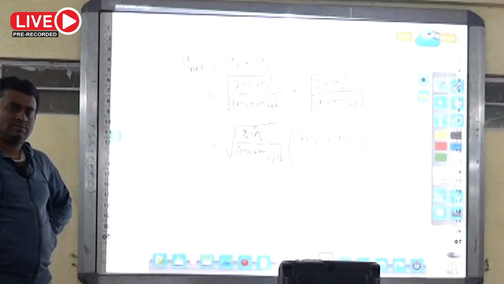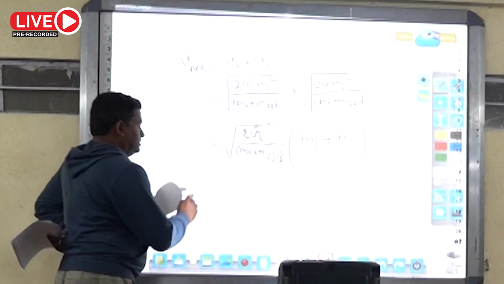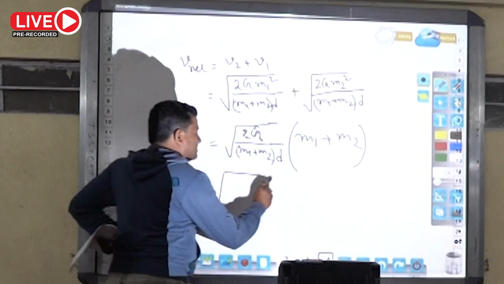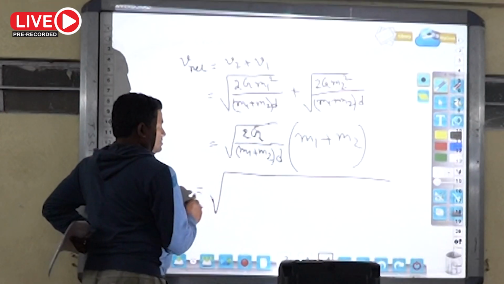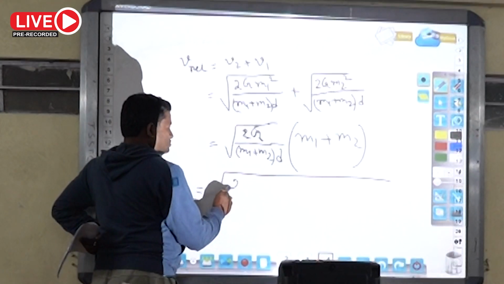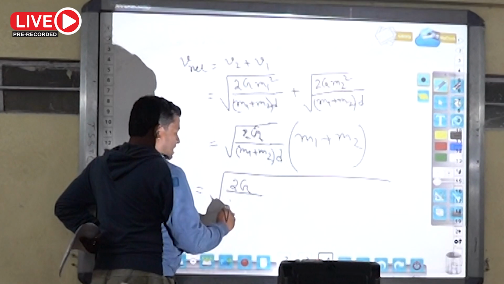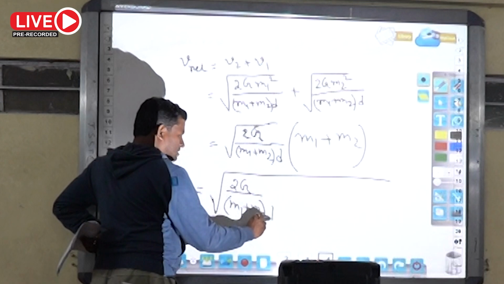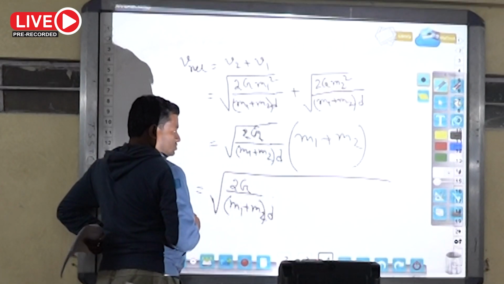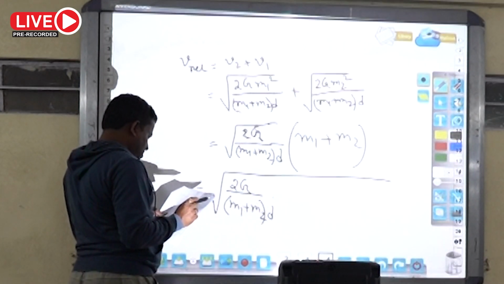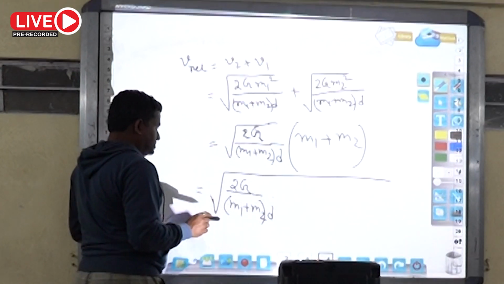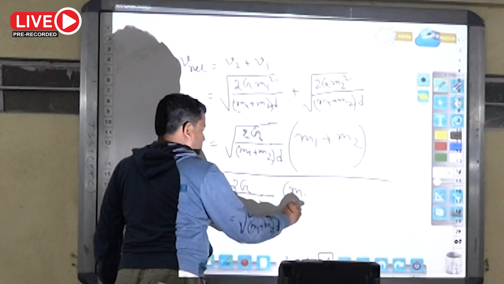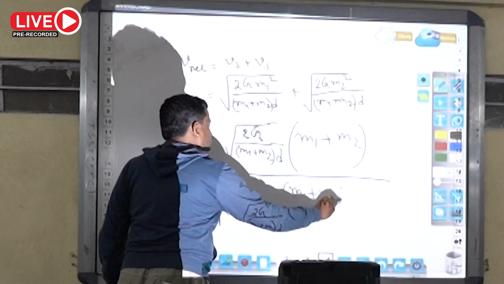Then you can write this one inside the root as 2G by M1 plus M2 into D, into M1 plus M2 square.